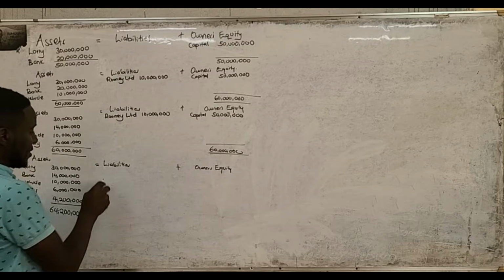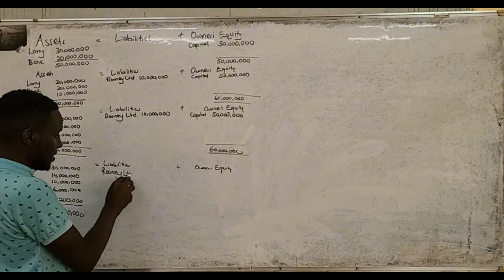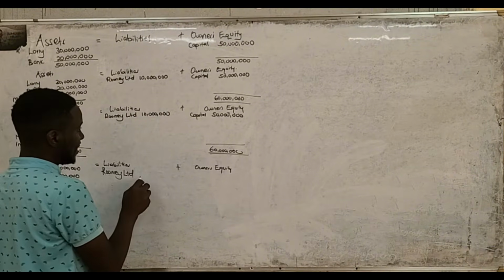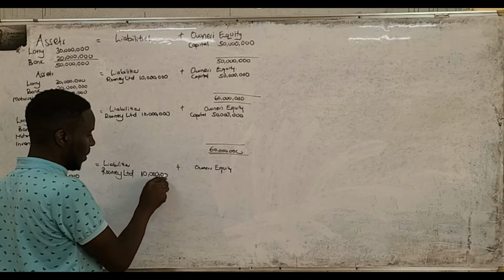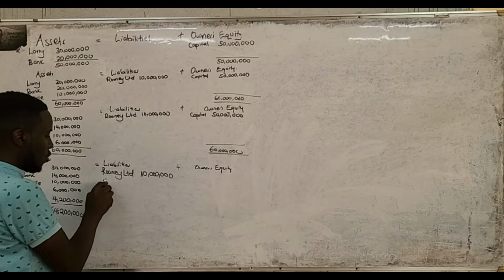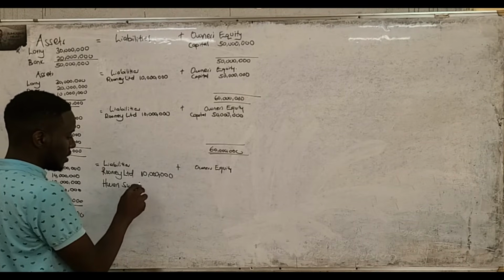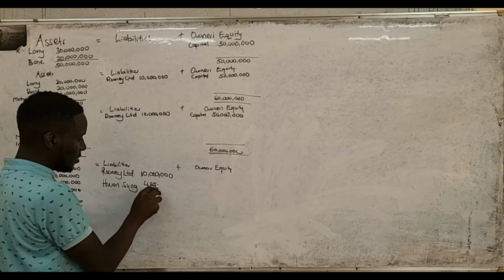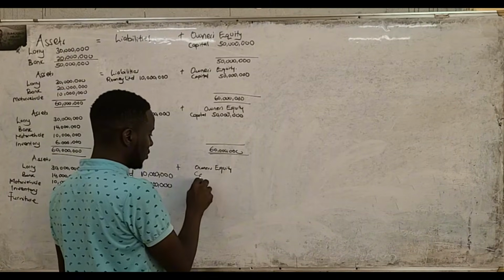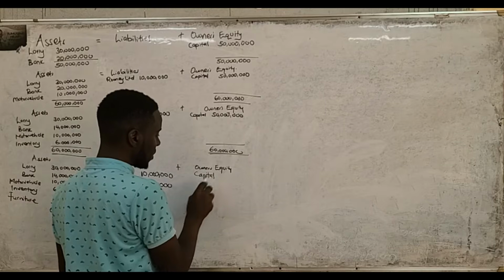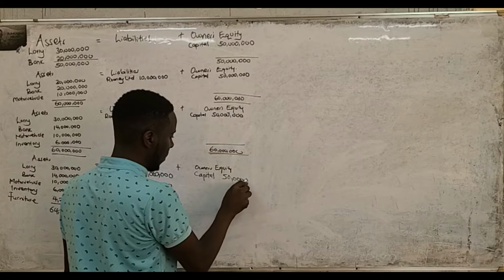Okay, so when we do this, our total will be 64,200,000. Then we shall come here and say Roni Limited, and Roni Limited is 10 millions. Then we have now Hwan Sang, and Hwan Sang is 4,200,000. Then we shall maintain our capital, and our capital is 50 millions.